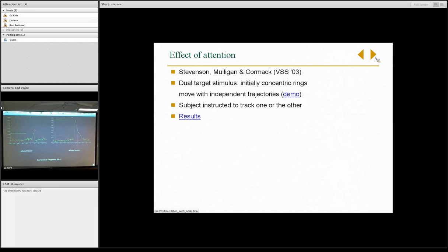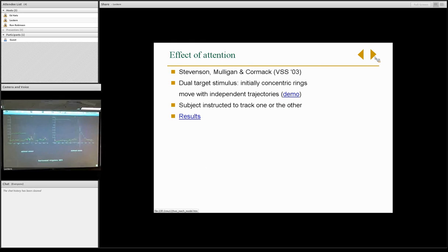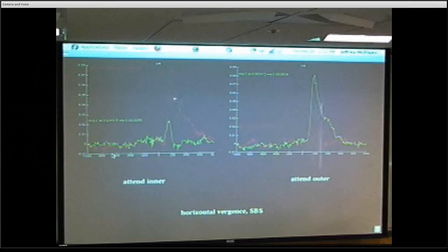So this we basically think is the result of the voluntary component, that this quick unattended response is a pure reflex, but that when you're voluntarily trying to track it, that's seen out here at these longer delays.